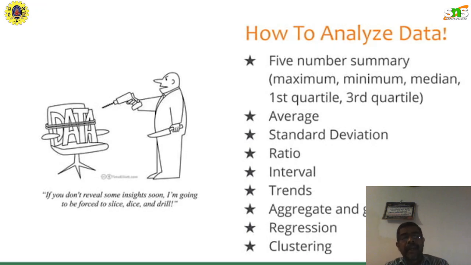From the data, in case I have a set of salaries in a particular attribute and I want to know the maximum salary, I can apply the maximum. If I want to look at the minimum salary, I can apply the minimum. This is possible even in an Excel sheet.